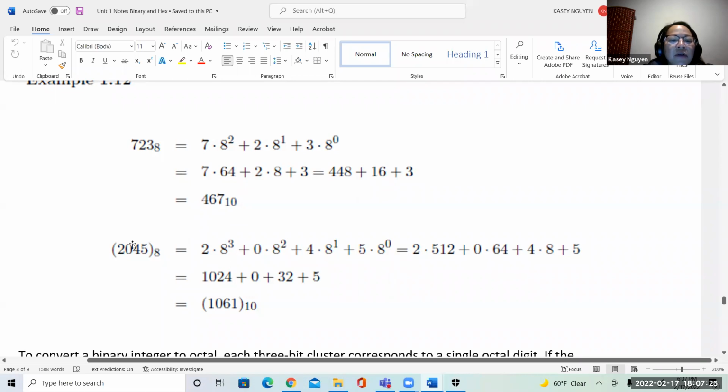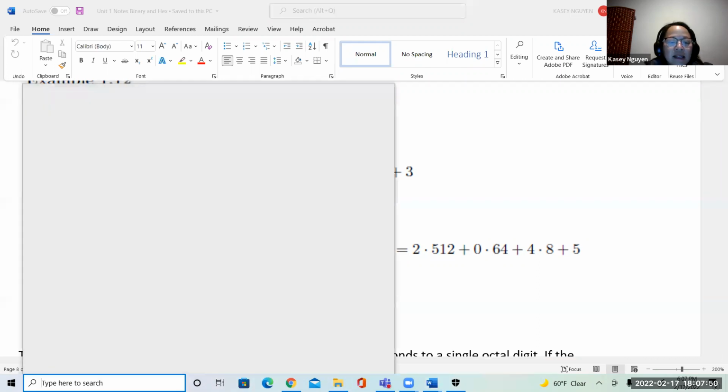So you start from the right and go left, and for each of the digits you increase the exponent when you multiply. After you multiply, you add them together and put your answer with the base 10, as the result is in decimal. Okay, so that's how you can convert octal directly into decimal.